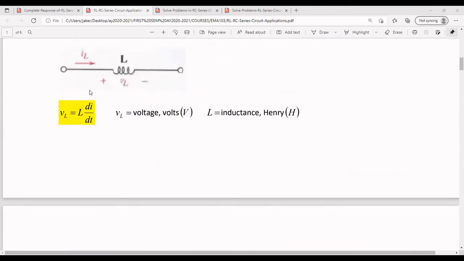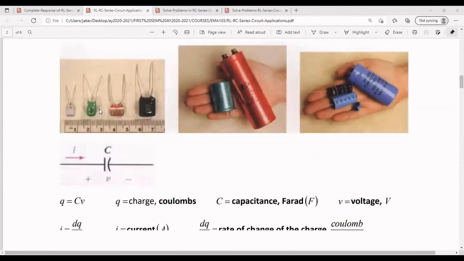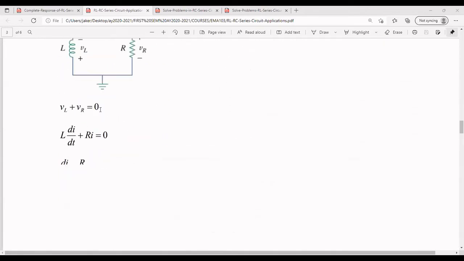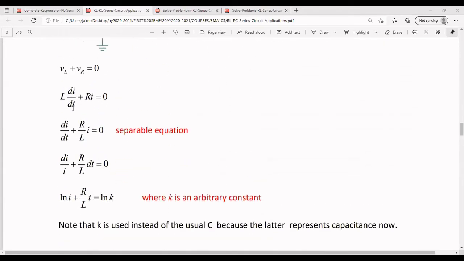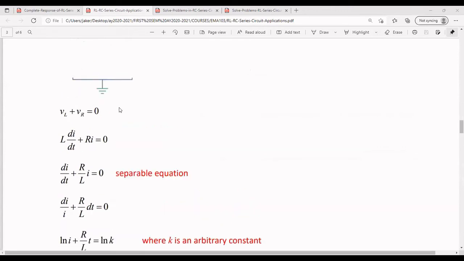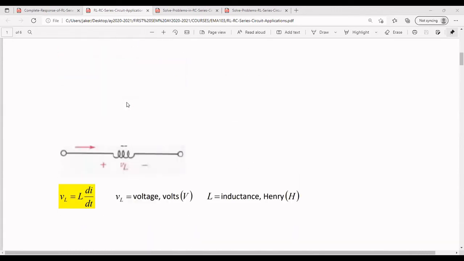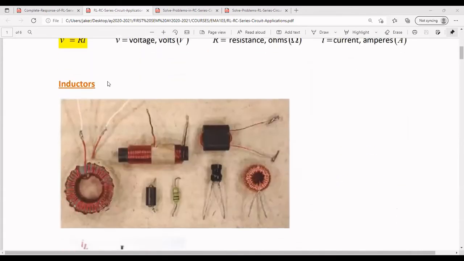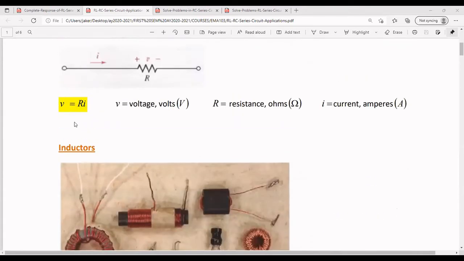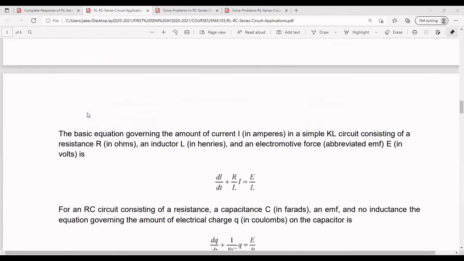Here, the voltage drop across our inductor is L di/dt, so we place it here. And then the voltage drop across our resistor, I'm sure you know this very well, is IR, or R times I. So we place it also in here.